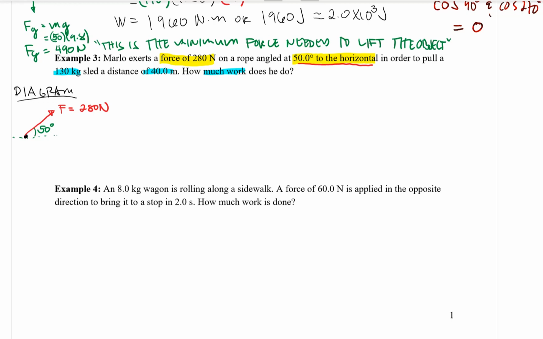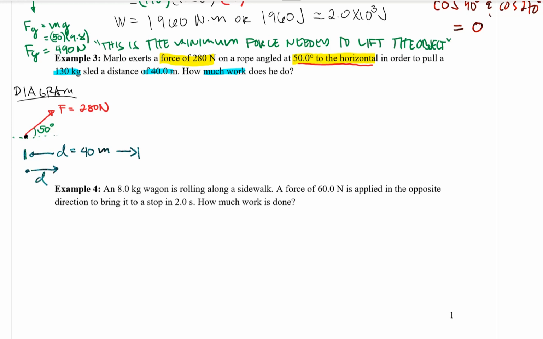And it travels a distance of 40 meters. So it moves with a d of 40 meters, a certain distance. You can also draw that the displacement is in that direction.